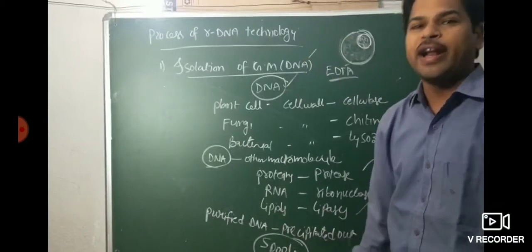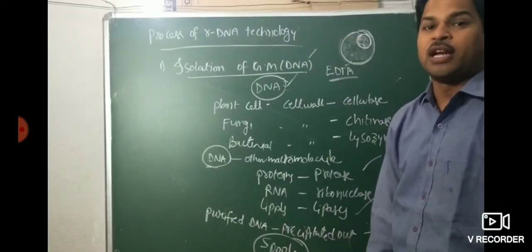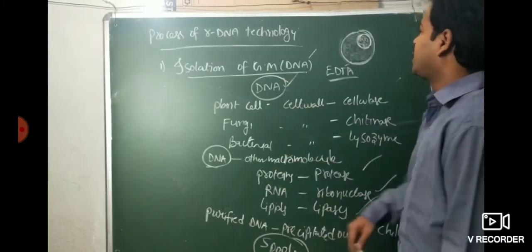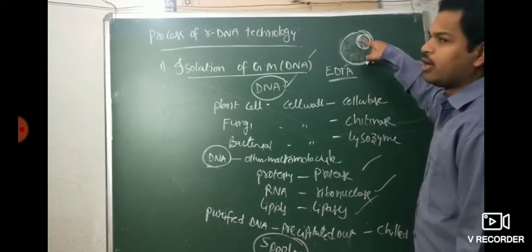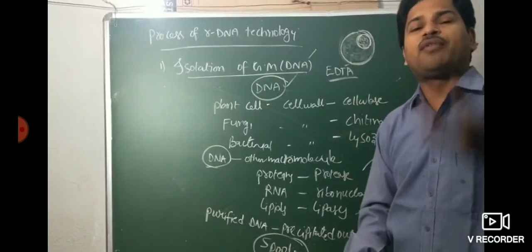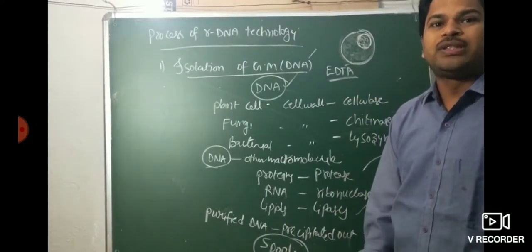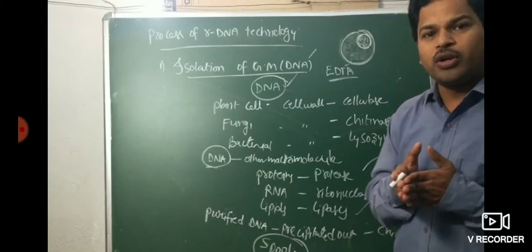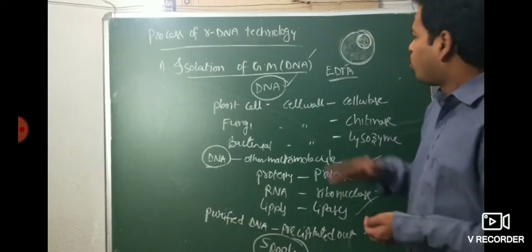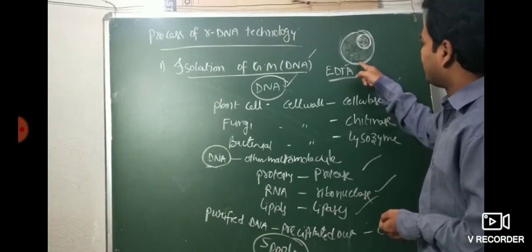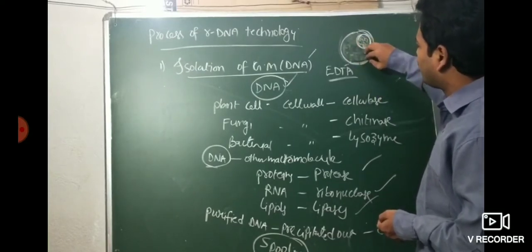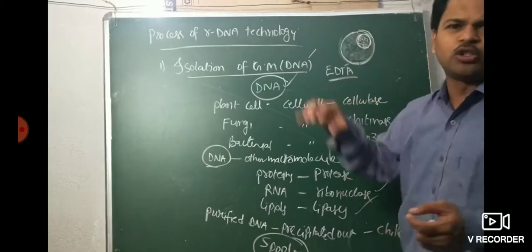So we need to identify the DNA. That is very important. This DNA is present here. We need to get the purified form of DNA. If we want the purified form of DNA, we need to break these walls: this is the cell wall, this the cell membrane, and we need to remove the cytoplasm, the nuclear membrane, all those things.